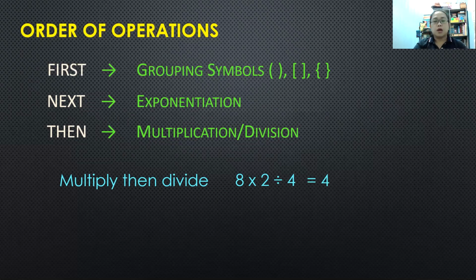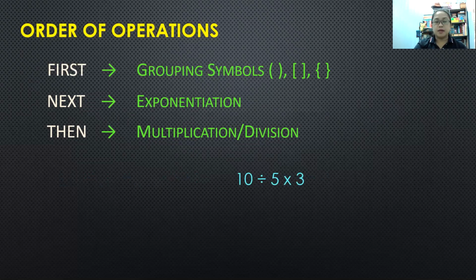Okay? But what about if you are given 10 divided by 5 times 3? O, ano ang una ninyong kukumputin? Yung mag-multiply ba muna kayo o mag-divide muna kayo bago mag-multiply? Now, in this case, since dun sa third level ng ating operations, sa order of operations natin, yung multiplication at saka division ay naka-tie up, magkasama sila.